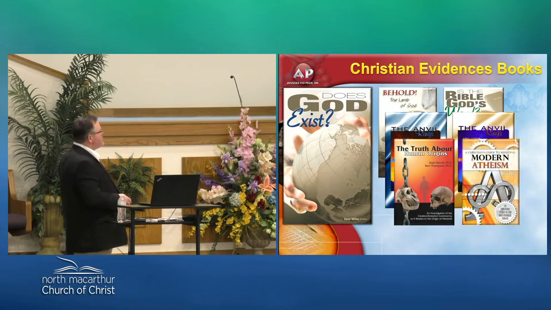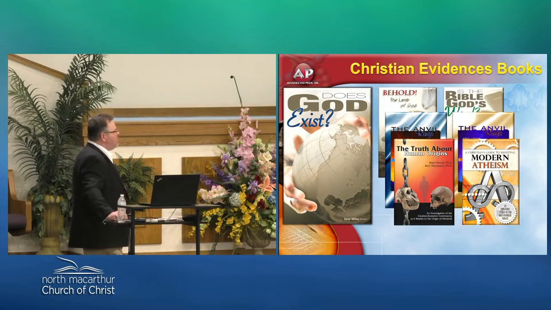Truth About Human Origins is a pretty thick book on that question, dealing with the alleged evolution of humans. Christian's Guide to Refuting Modern Atheism is by Kyle Butt, who works with us at AP. He debated Dan Barker back in 2009, and the one good thing Dan Barker did was, I think, make the case for atheism the best it can be made against the biblical model.